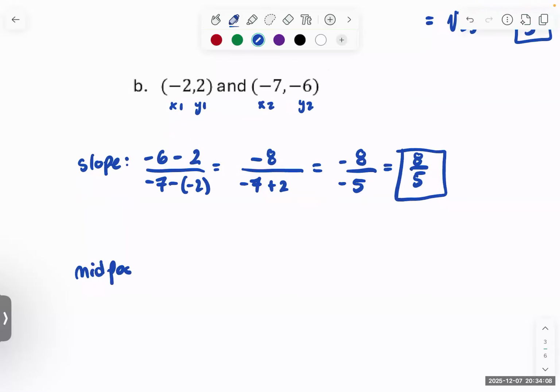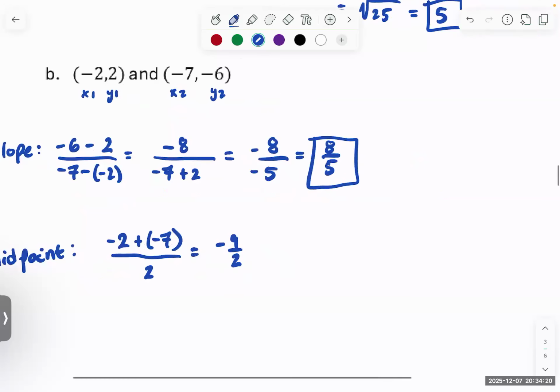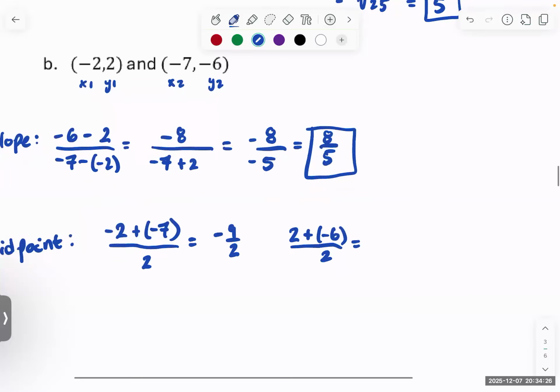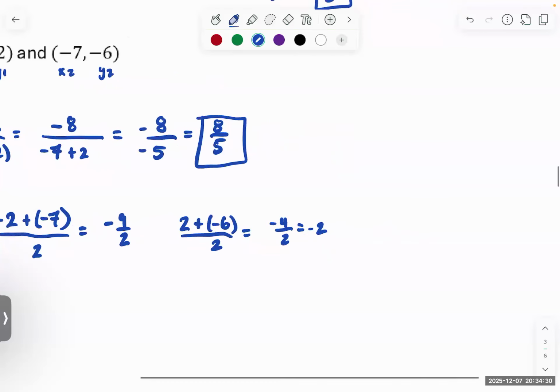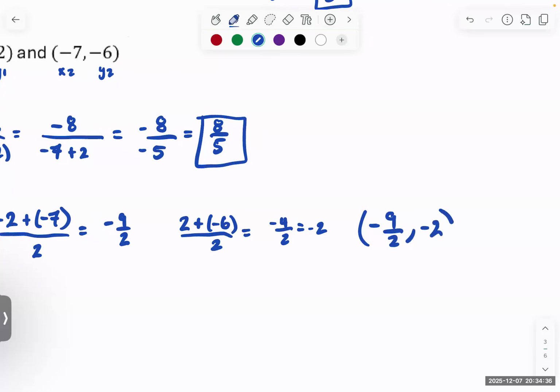For midpoint, it's going to be -2 plus -7 over 2, which equals -9 over 2. And then we have 2 plus a -6 over 2, which is equal to -4 over 2, which is -2. So the midpoint is -9 over 2, comma, -2.